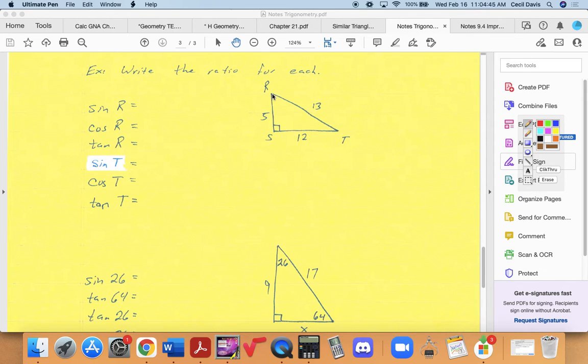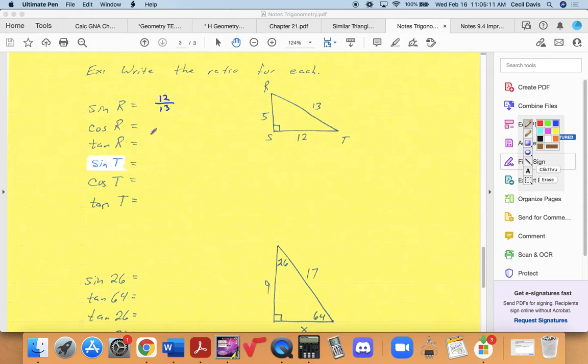From R, which leg is opposite? ST, or 12. And what's the length of the hypotenuse? 13. That's all we're going to do with it. Don't give me a decimal. Don't do anything else with it. Just do that for right now.